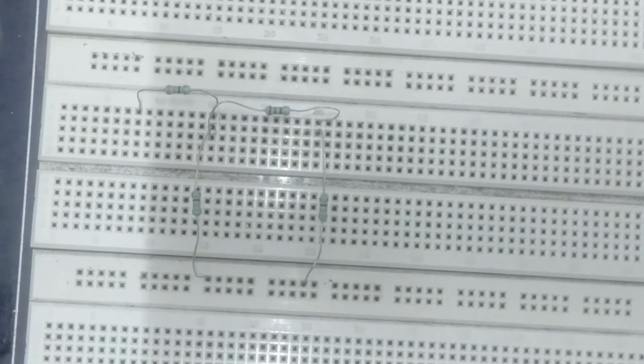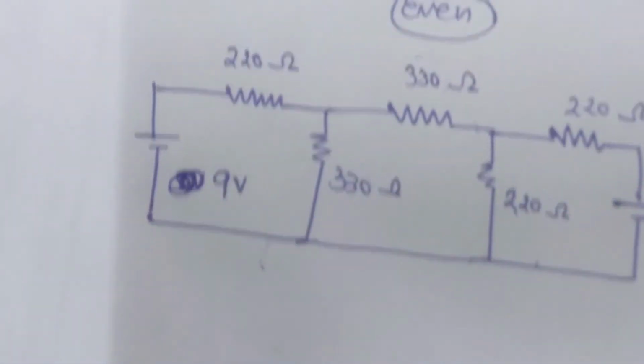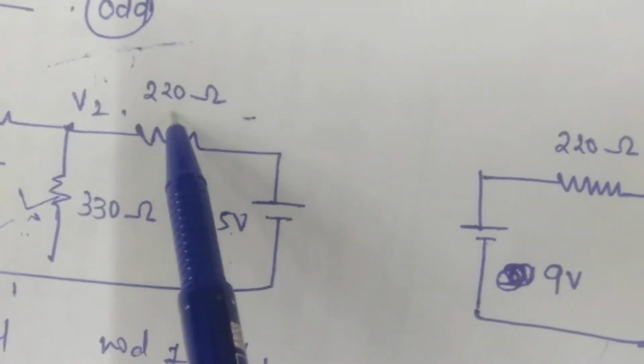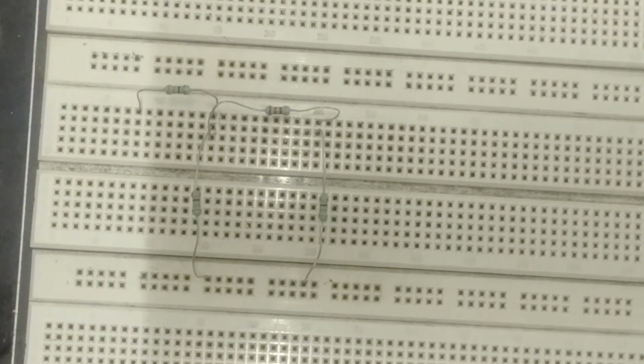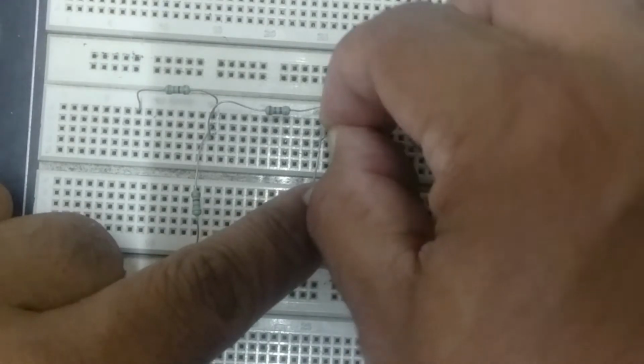So now my circuit will be like this. 330 ohm we have connected. Now I have to connect this 220 ohm resistor, so I will take this 220 ohm resistor and connect it over here.